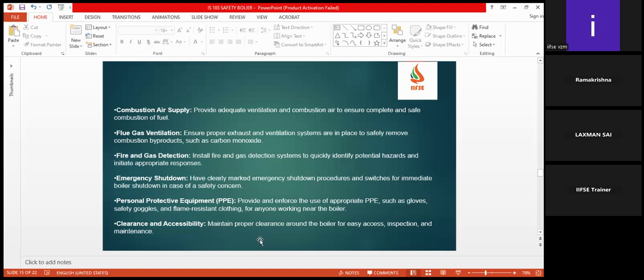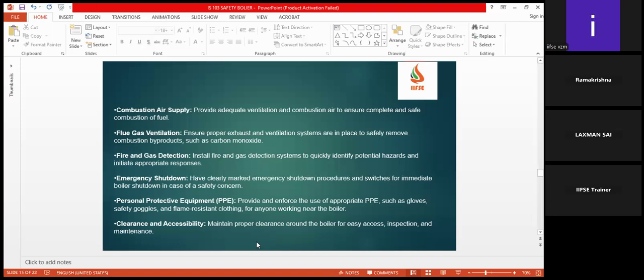And here the clearly marked emergency procedures and shutdown procedures and switches for immediate boiler shutdown in case of any safety concerns. For example, like our emergency push buttons. The same way, what are the various activities we have to perform while shutting down the boiler.